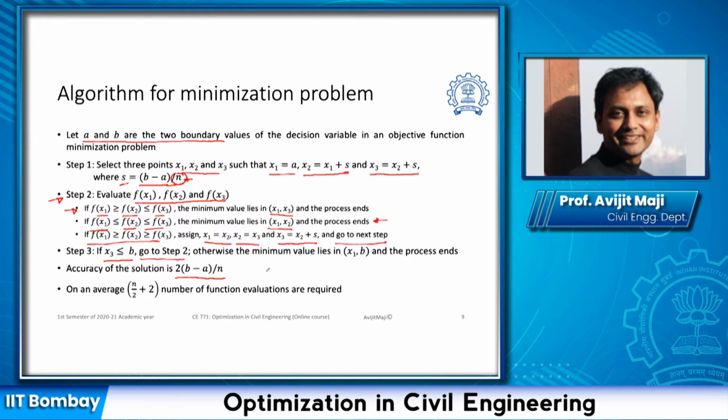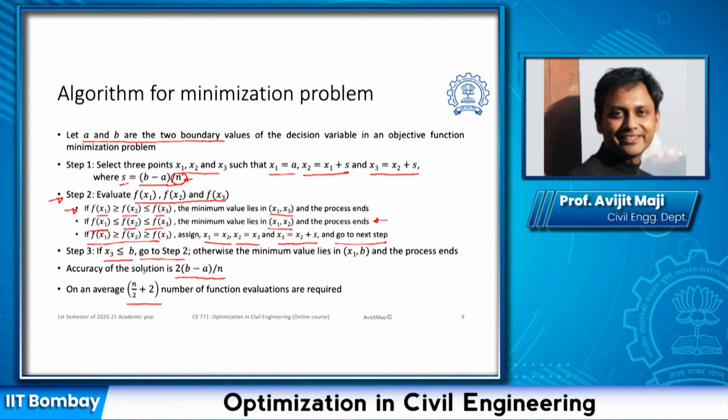If we know the accuracy, we can choose that and find out the number of steps needed to reach that accuracy on an average. Once we know the number of steps needed, we can easily calculate the number of function evaluations required, which is given by n by 2 plus 2. This is on an average, not always.